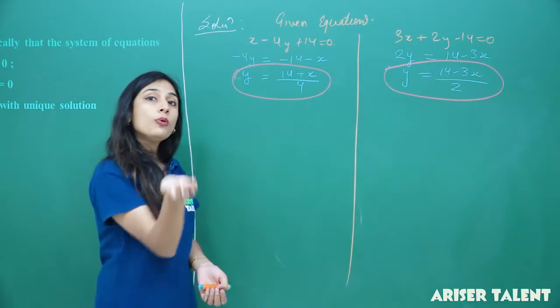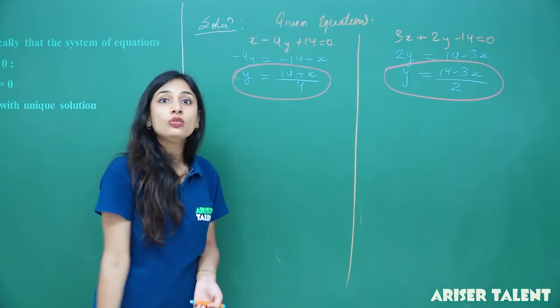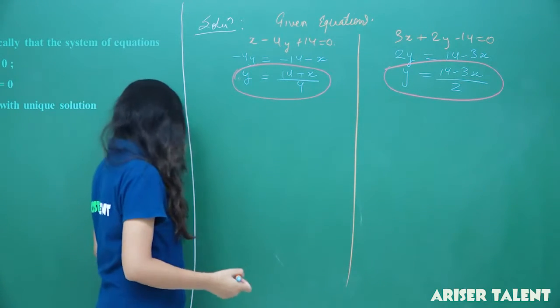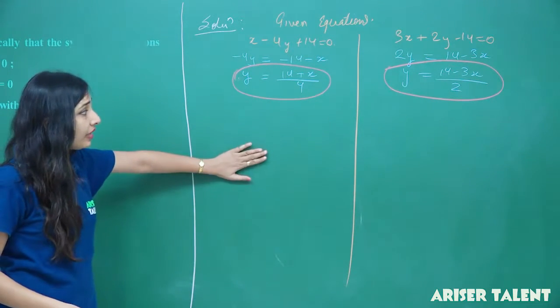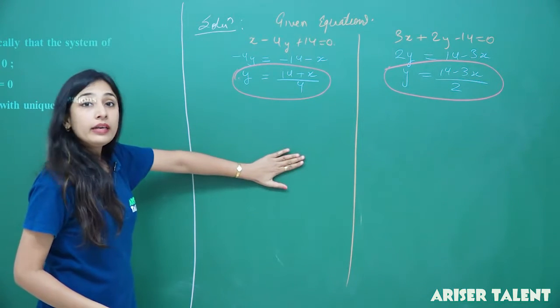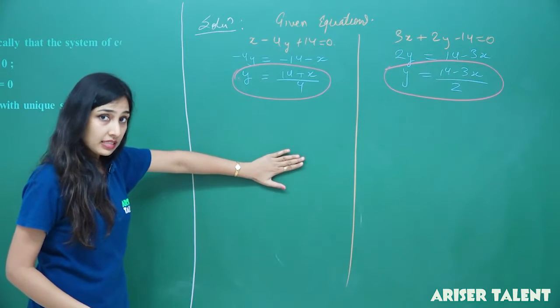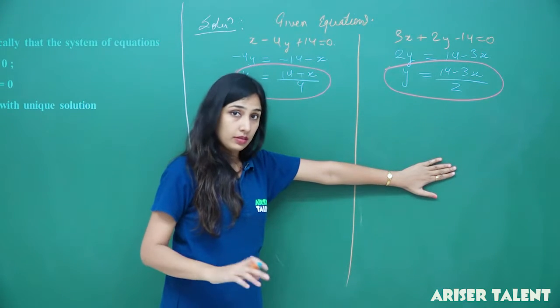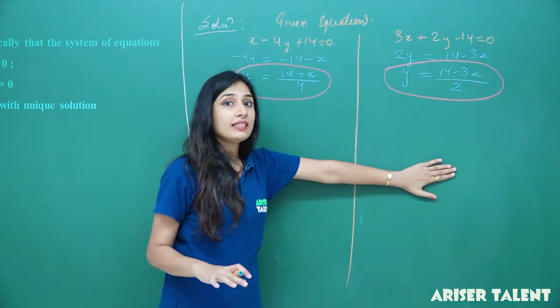So I can put values of x and find values of y, isn't it? Right or wrong? Okay, so if I am having the same values of x and y here, and the same values of x and y there also, then what will I say?